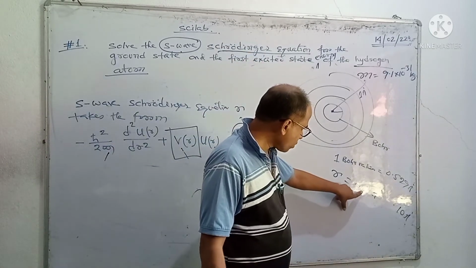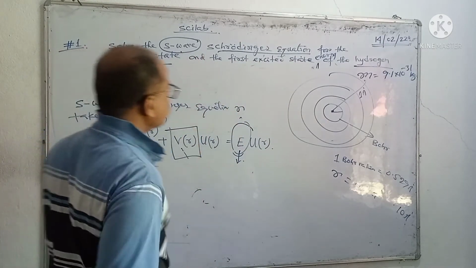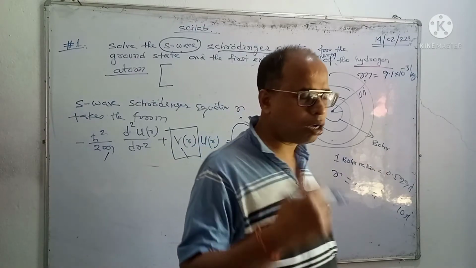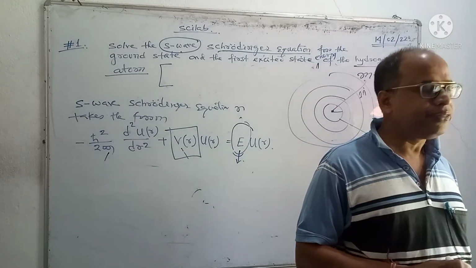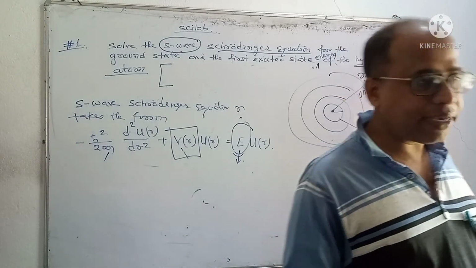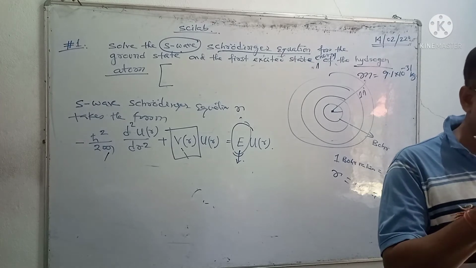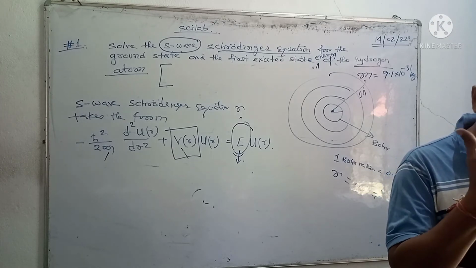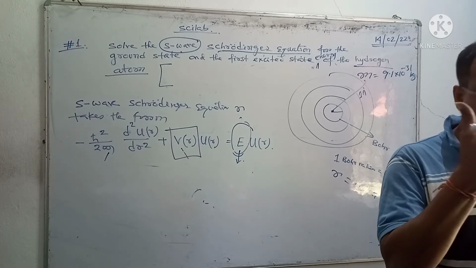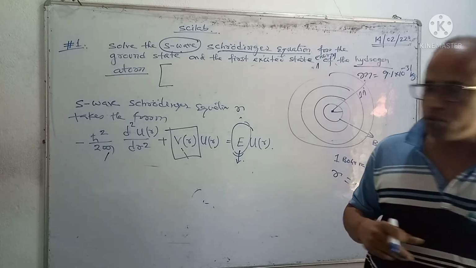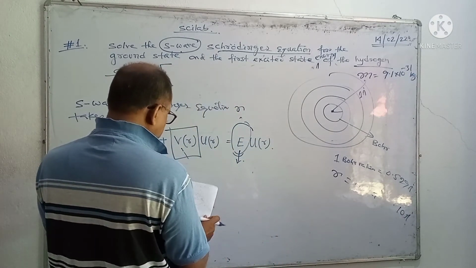Now you see, the Schrodinger equation can be solved in different ways. As per your syllabus, they are telling that either you can use the matrix method or you can use the finite difference method or you can use the ODE solver method. I will use the finite difference method.